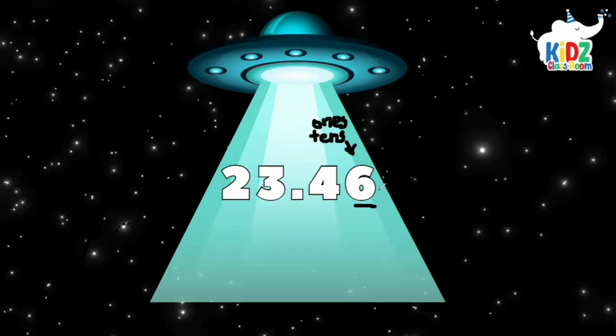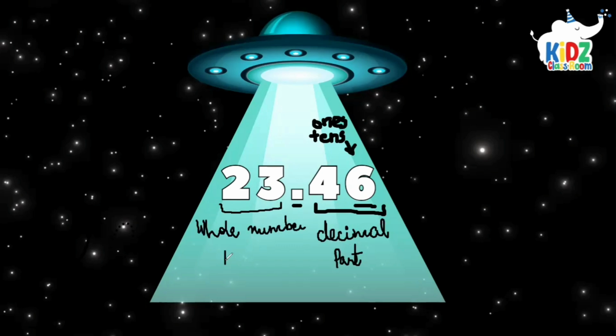I told you before that after the decimal point we have the decimal part, and before the decimal point we have the whole number part. So now tell me, what is the place of this digit 6 in this number?